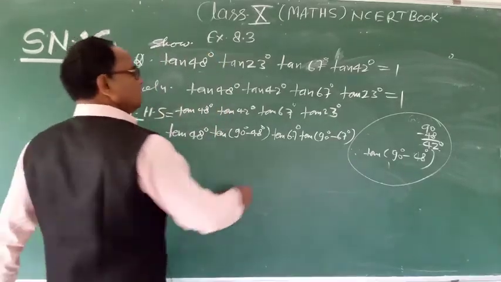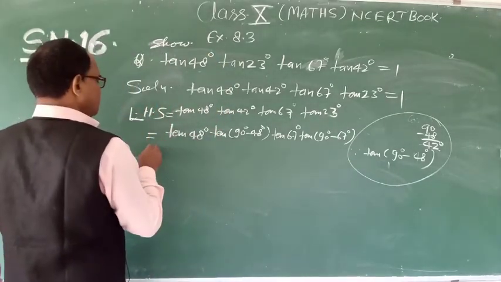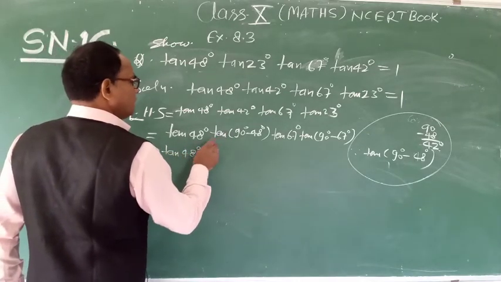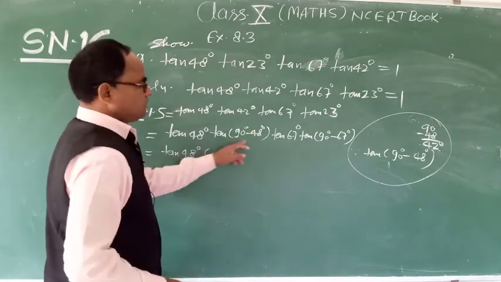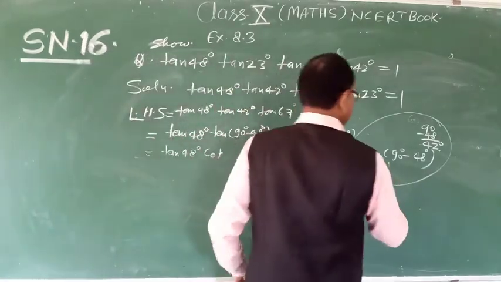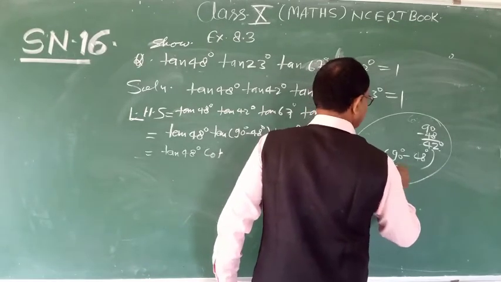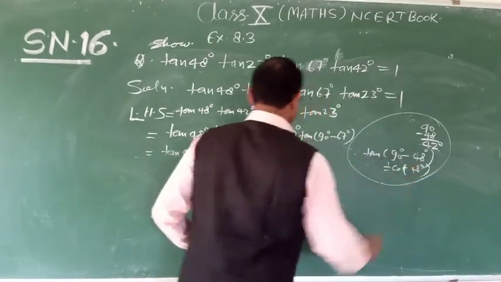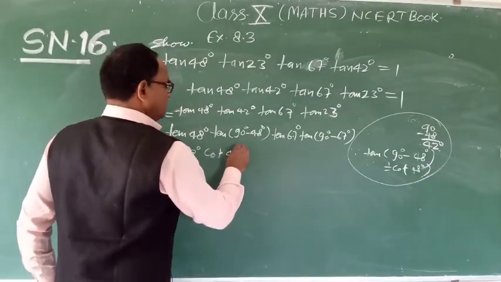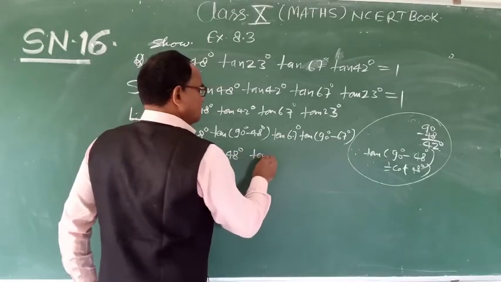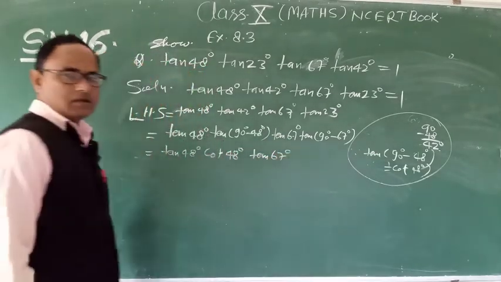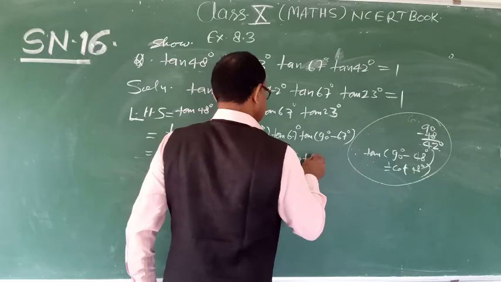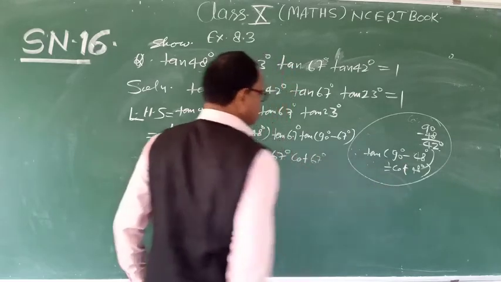Okay student, here we can write tan 48 degree, tan, here change the value of this, we change the value to cot 48 degree. Okay student, and here tan 67 degree, we can write cot 67 degree by this method.